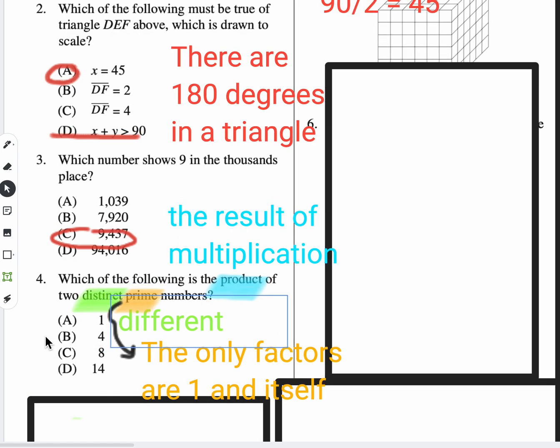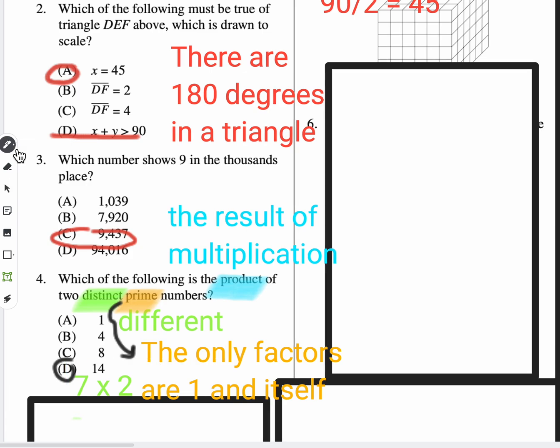Now, using all of our vocabulary here, we can see that D will be the only answer choice that fulfills all 3 requirements here, as 14 will be the product of 2 distinct prime numbers, 7 and 2. Choices A and C cannot be found by multiplying 2 prime numbers together.